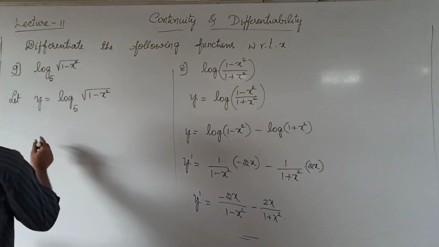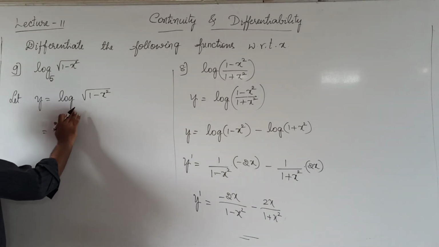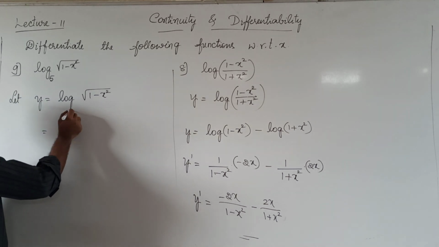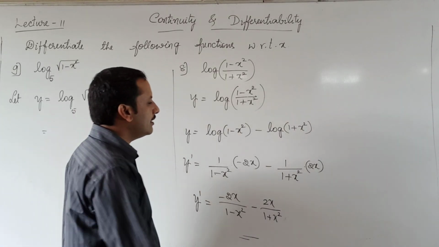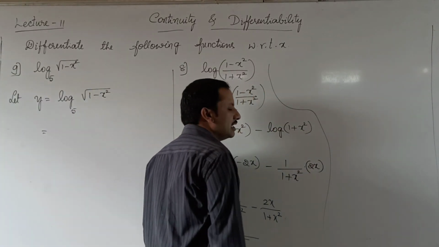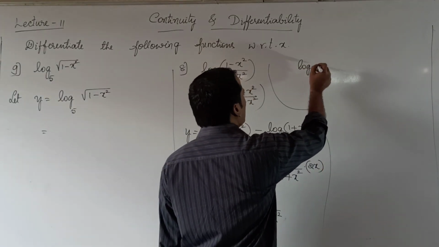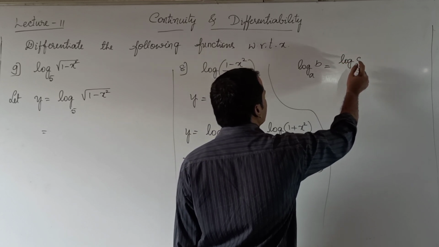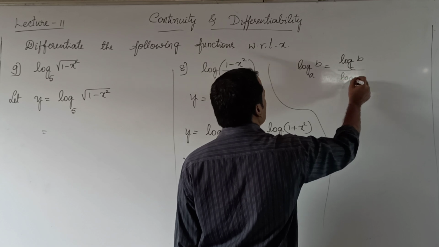So I want to change the base to e. What are the options I have? The easiest option is to just change this to e, but that is illegal. You can't do it. Then what other options do we have? I gave one property, the change of base rule: log b to the base a is equal to log b to the base c divided by log a to the base c.